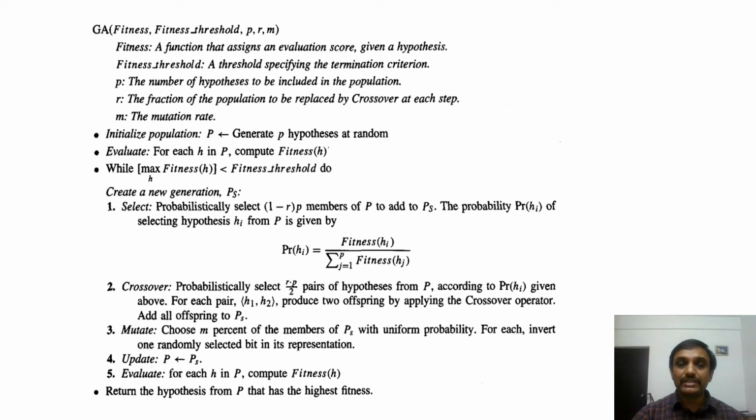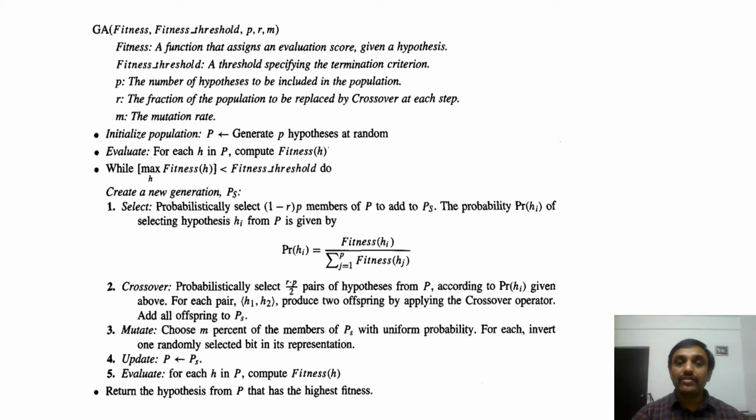The first step is to initialize the population, that is, generate all the hypotheses at random. Next we have to evaluate, that is, take the fitness of all the hypotheses.